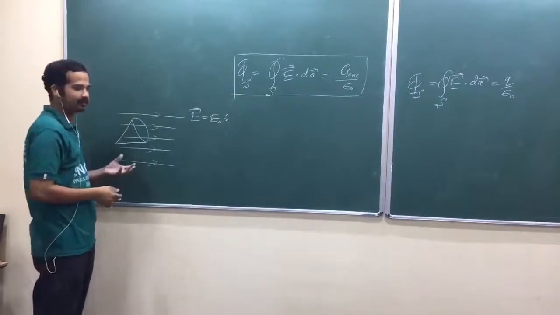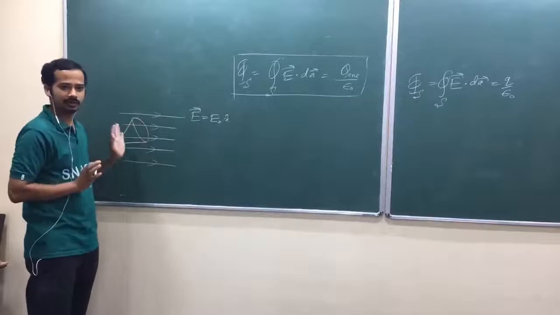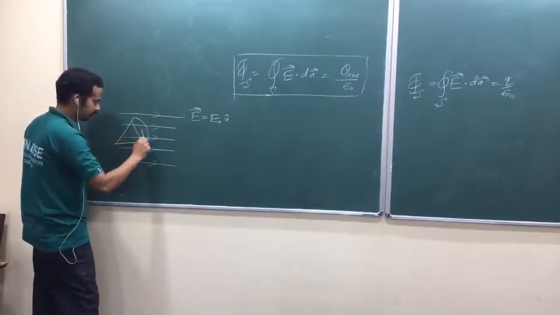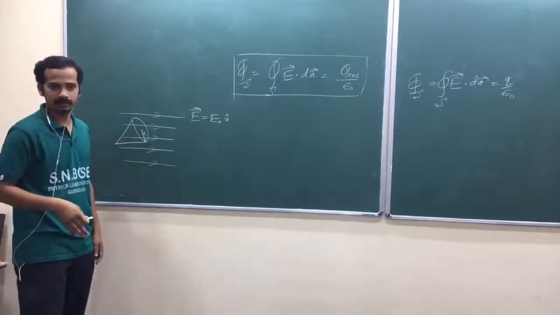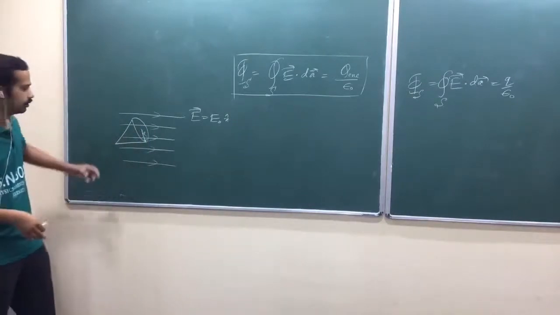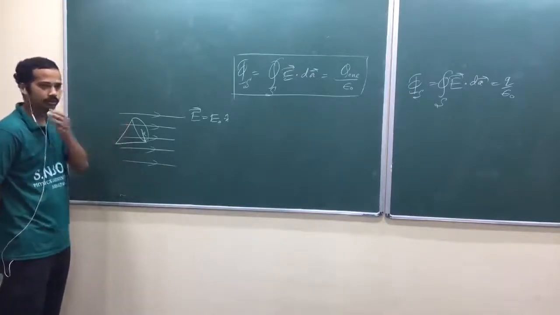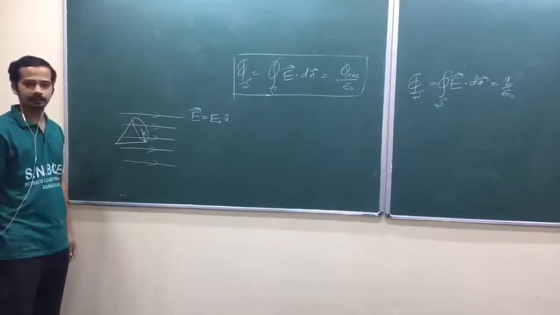Not with the ice cream, okay? A closed surface. This radius is A. The radius of that base is A.